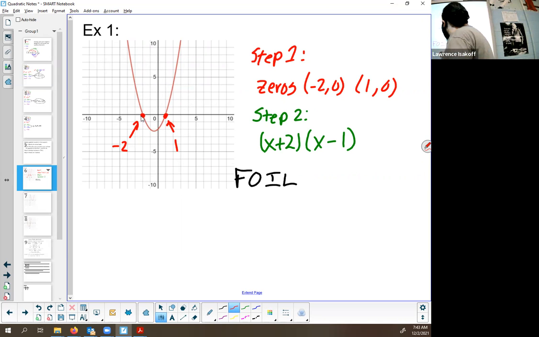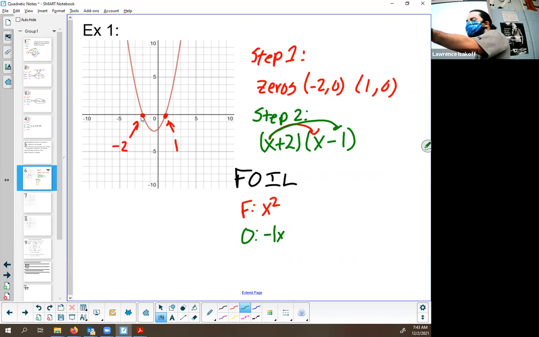So remember, FOIL stands for F is first. So x times x gives me x squared. Now my outers, x times -1. -1x or -x, either is correct.